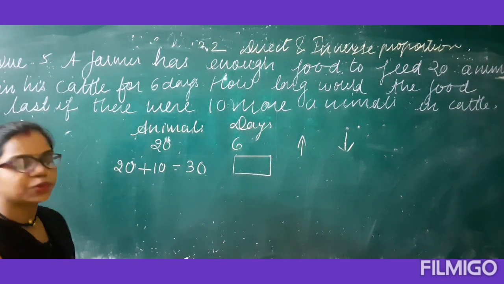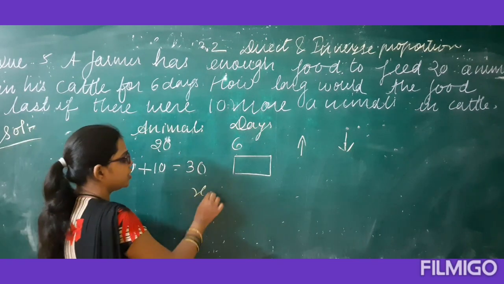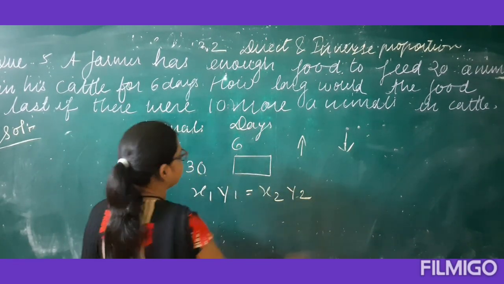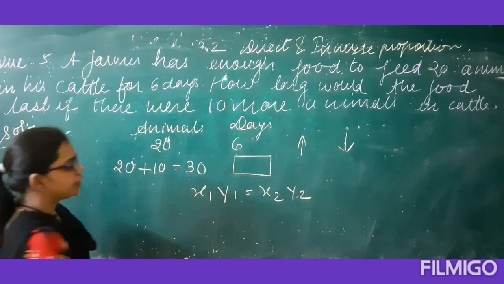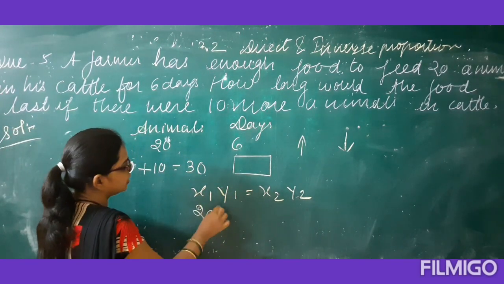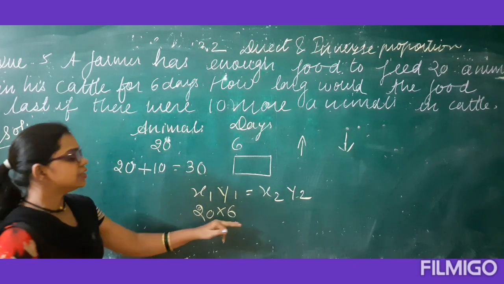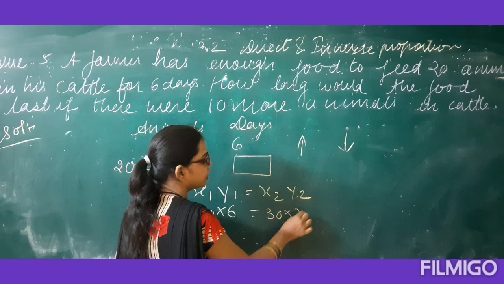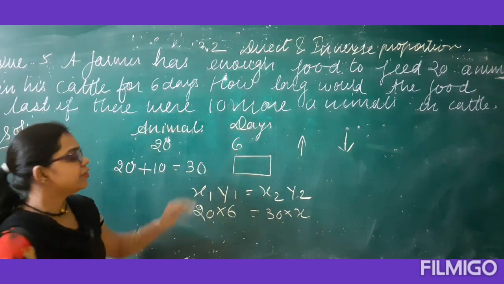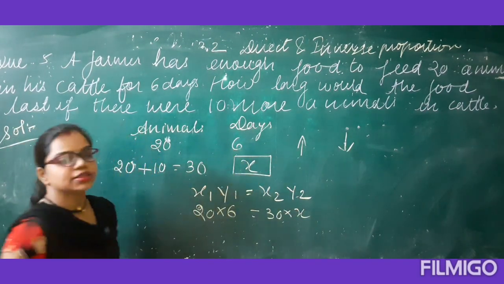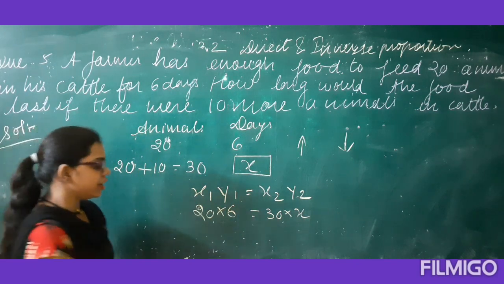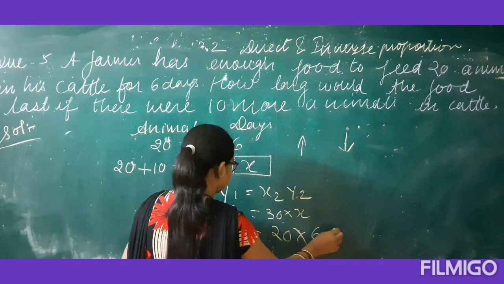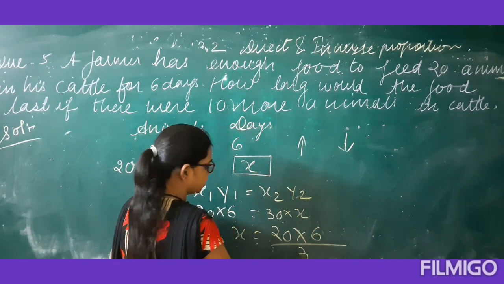In inverse proportion we know that x1 y1 is equal to x2 into y2. x1 is 20 and y1 is 6. 20 animals for 6 days, so 30 animals for x days. Let the days be x. From here you can find out the value of x. So x will be equal to 20 into 6 upon 30.